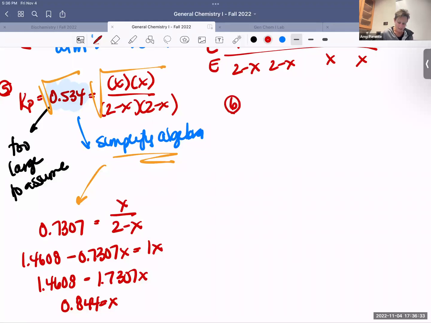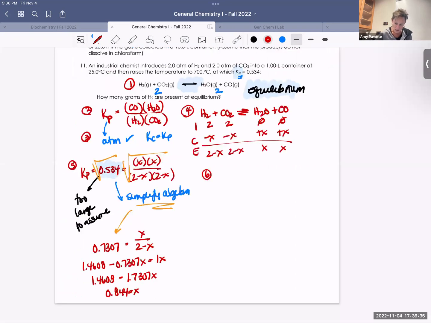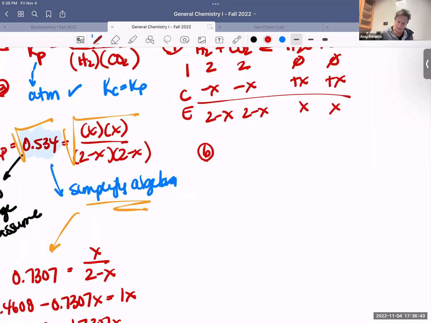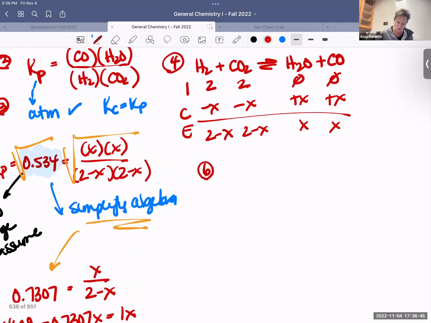6th step is answering the question prompt, which in this case, it says, how many grams of H2 are present at equilibrium? Well, let's figure out what we have. Okay, my H2 concentration is going to be 2 minus x. So H2 concentration is 2 minus x, and that's going to be 1.156, but the units of this are atmosphere.